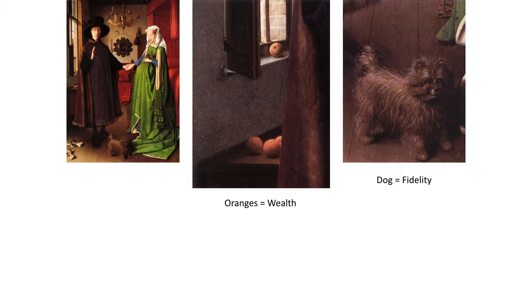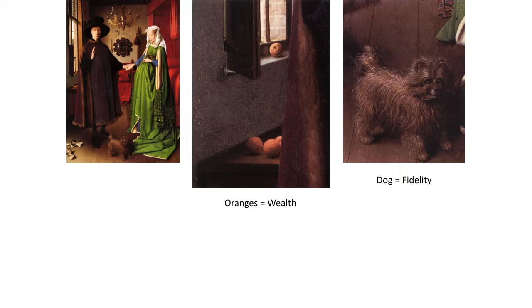There was a theory a couple years ago from one scholar that discussed the presence of this dog as well as referencing the possibility that the female in this portrait might be pregnant.